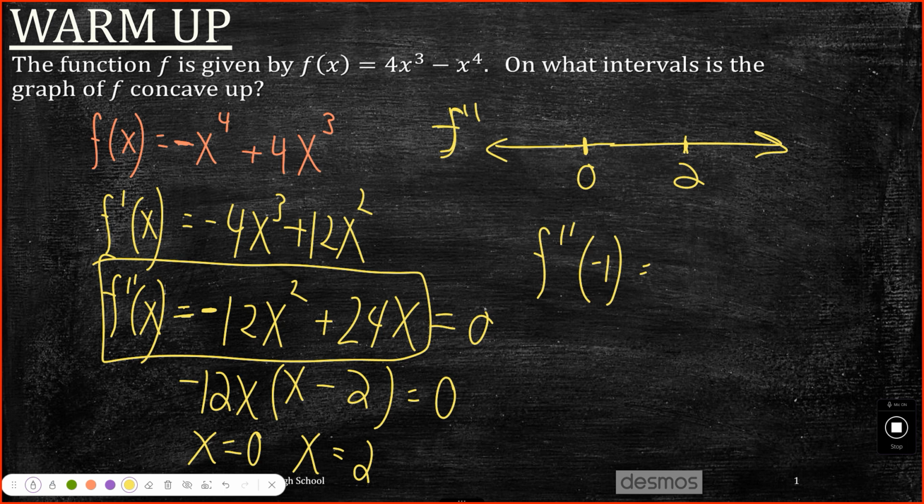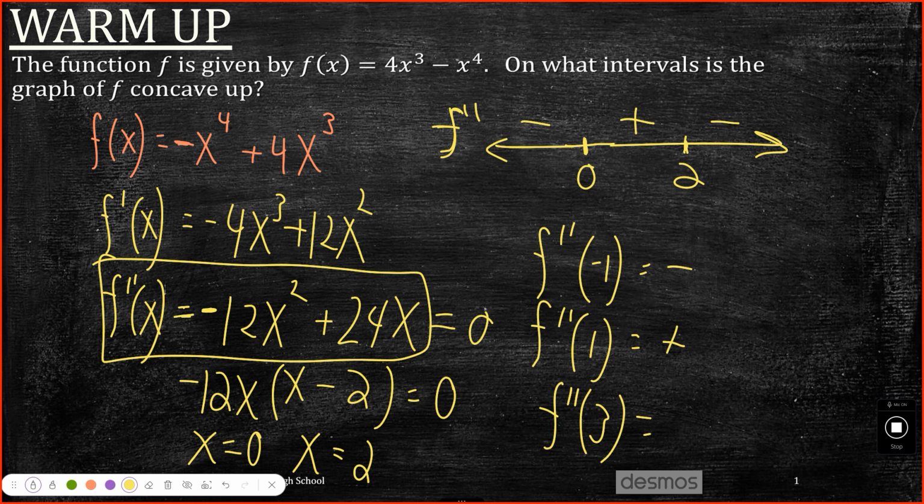So this is a negative answer. f double prime of 1 would be positive. So this is positive. And then f double prime of 3, say 3, is negative. So there's a change of signs.